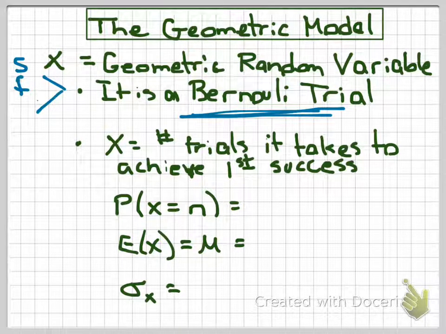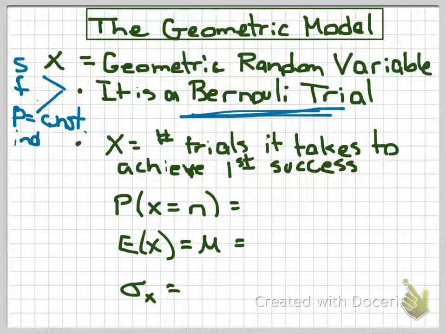And then we need to know, is the probability a constant? And then do we have independence? We're going to check that each and every time. But the piece that makes this a geometric model is the fact that the random variable itself is the number of trials it takes to achieve the first success.